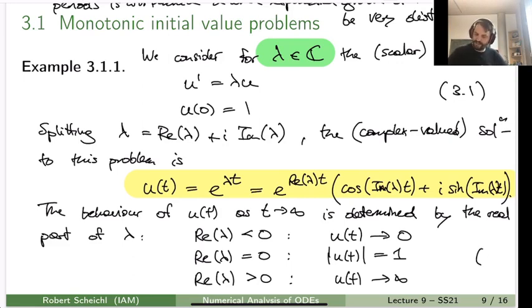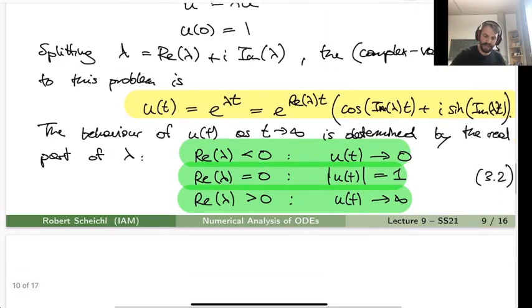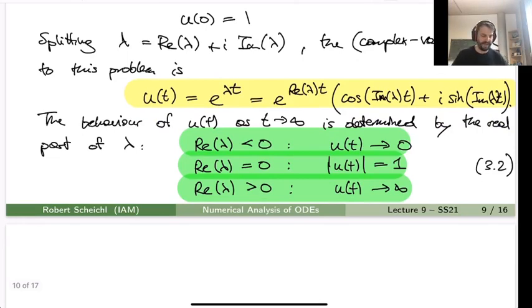In that case, there's no surprise that our error will also exponentially grow, because the function itself grows exponentially. Let me just highlight this. So we've got the three regimes. And of course, in both the first and the second case, the solution is bounded. In one case it is actually going to 0.